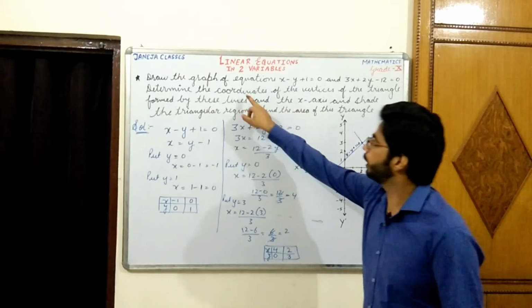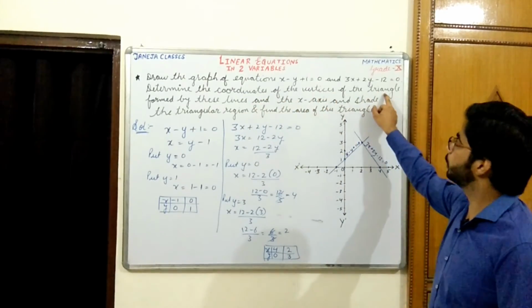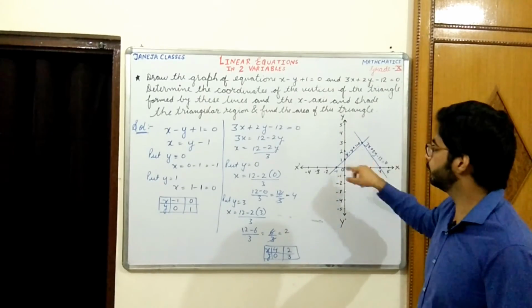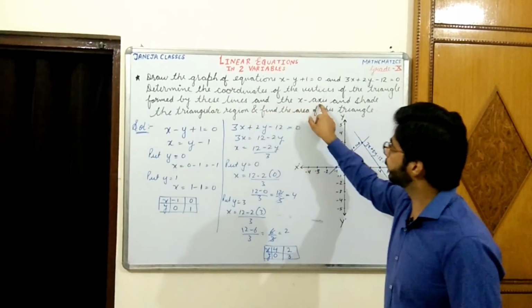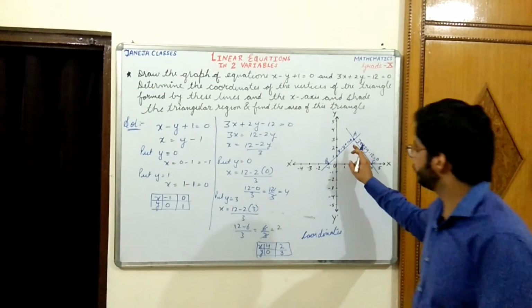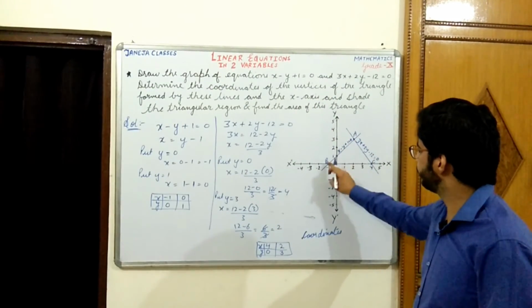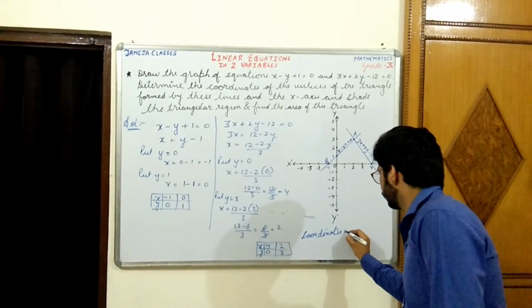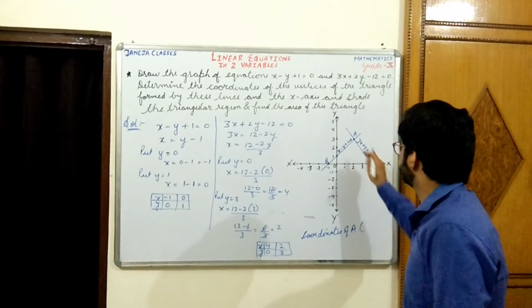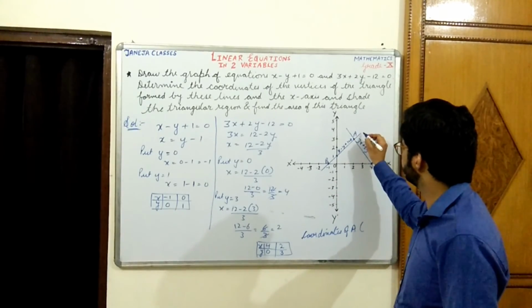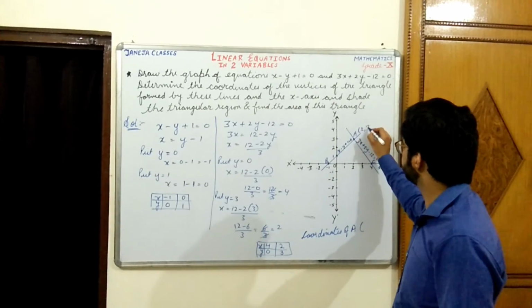Now what they are saying, find the coordinates of the vertices of the triangle formed by these lines. See the 2 lines they were talking about, and the x-axis, these lines and the x-axis. Now we have 3 vertices A, B and C. So let us write the coordinates of A, that is at A point x is 2 and y is 3.